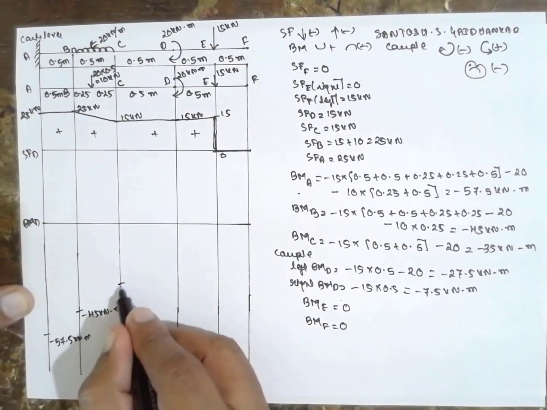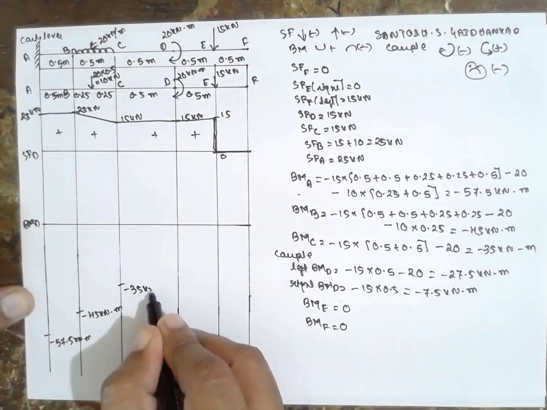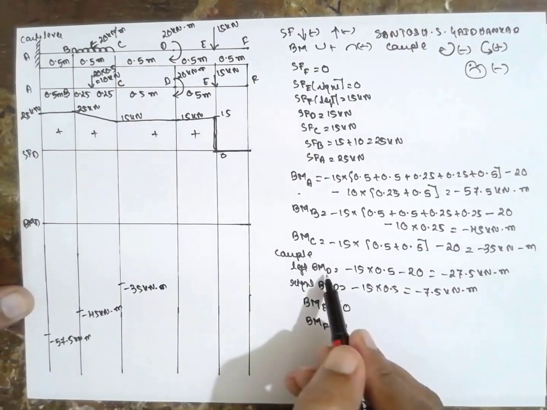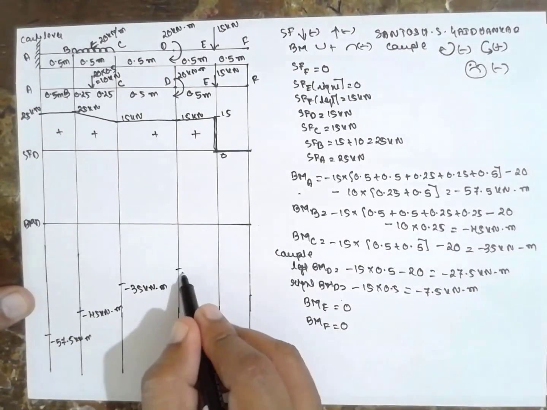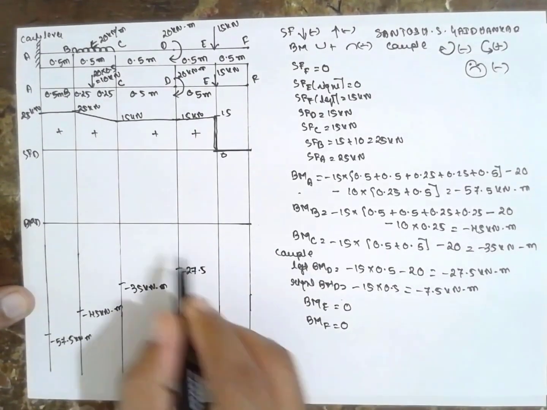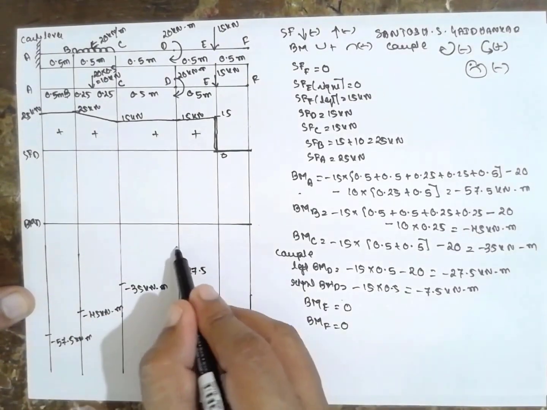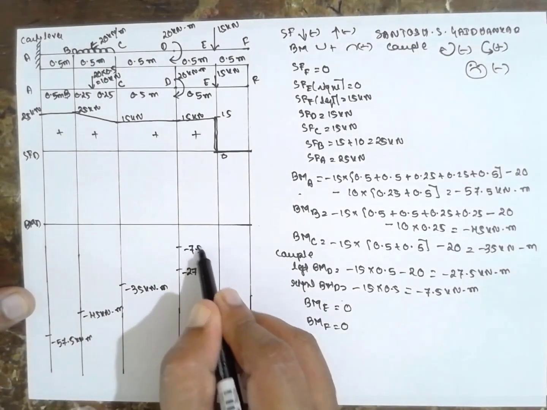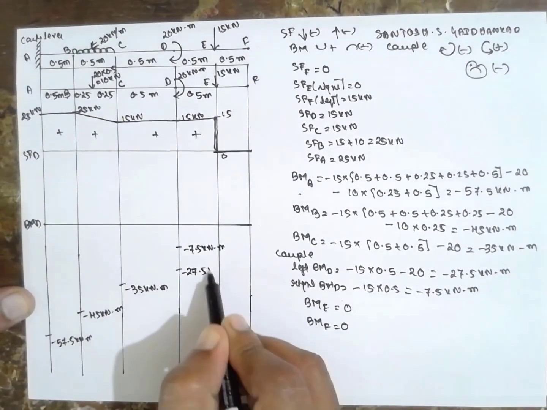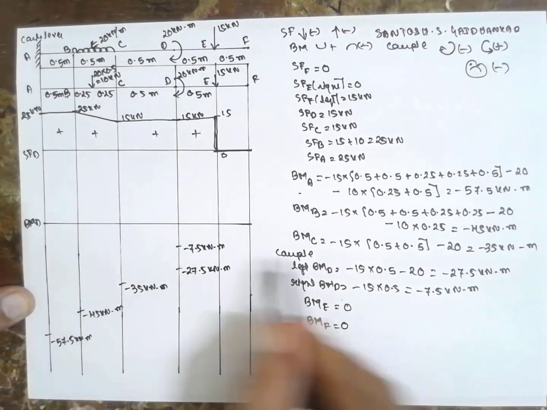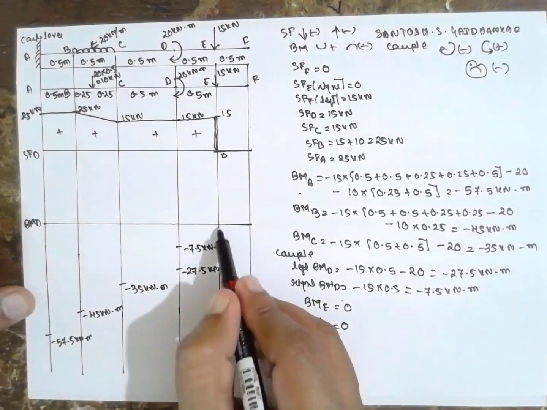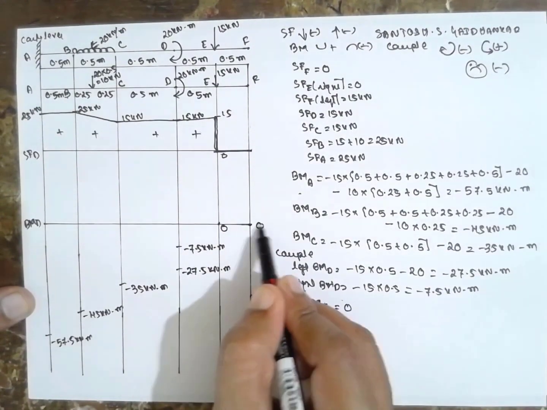C, minus 35 kilonewton meter. At D, first minus 27.5. At D, same, minus 7.5 kilonewton meter. And at E, 0, and F also 0.